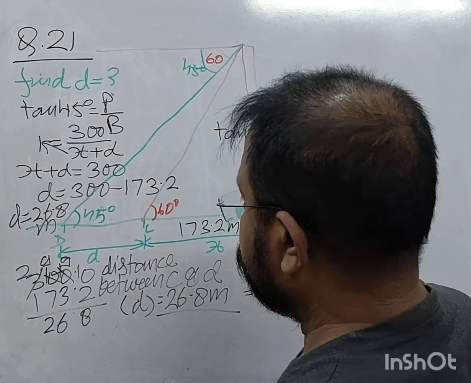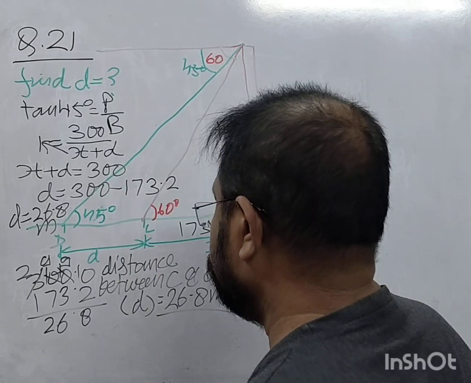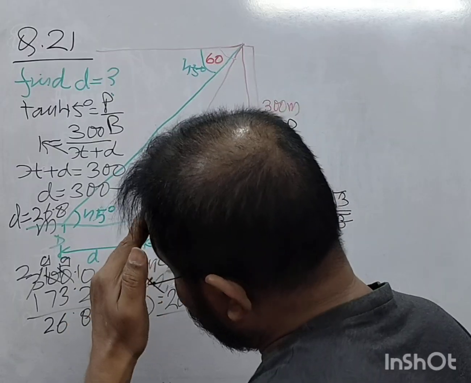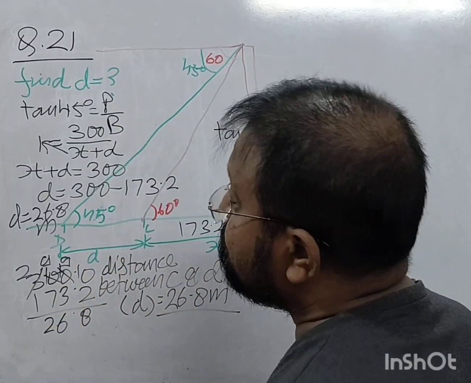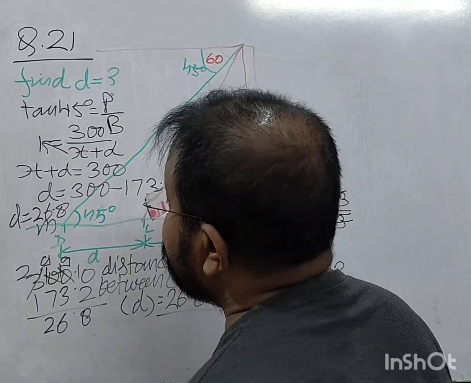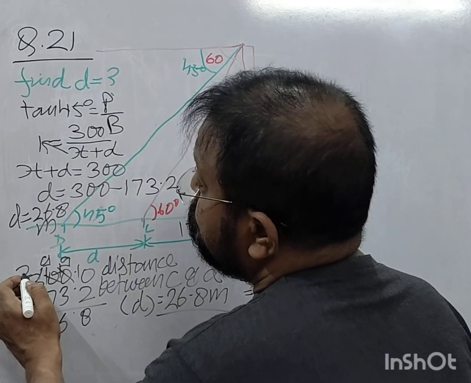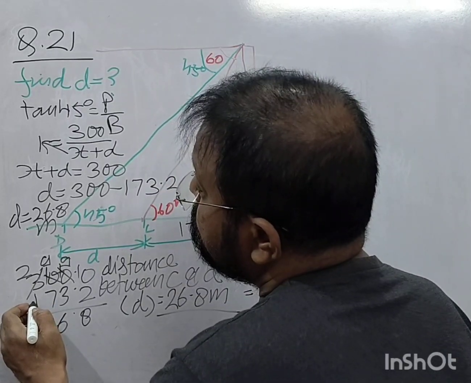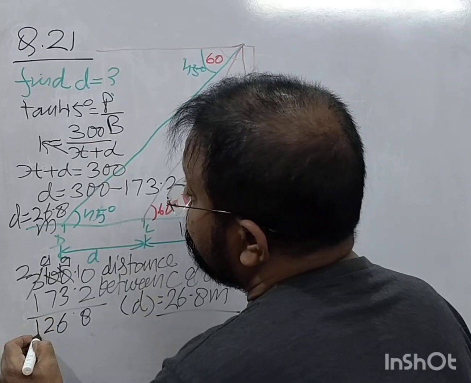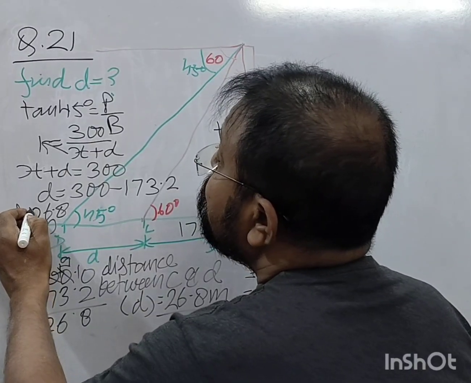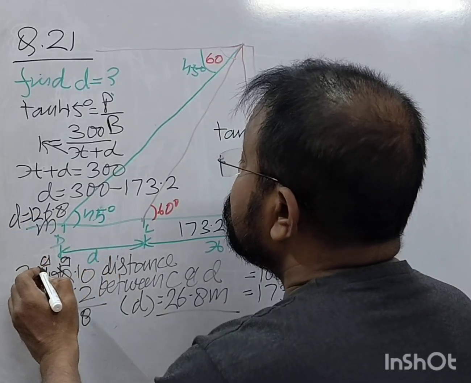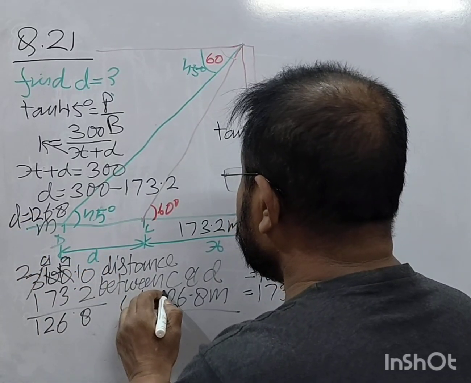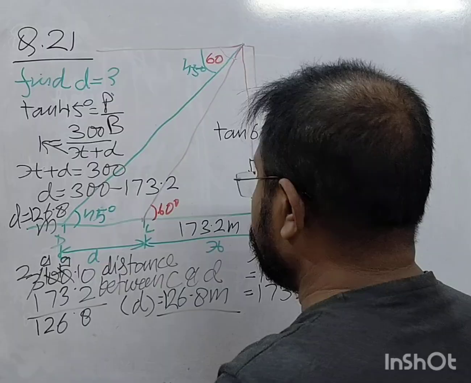127 meter. Again, I made a mistake. There is 2, 2 minus 1 becomes 1. So you get 126. So when d is 126, it is 126.8 meter.